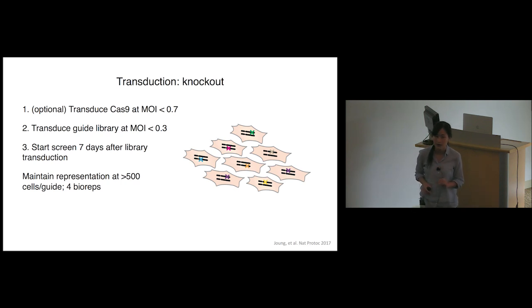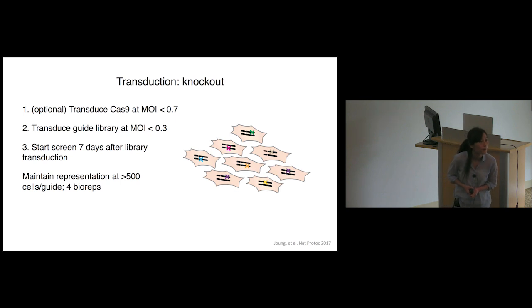For the screen, typically for knockout, we recommend starting the screen 7 days after transducing the guide RNA library. This is because the indels saturate at about 1 week. So you want to wait for the indels to saturate first before starting the screening selection process. And again, during the screen, maintain representation at greater than 500 cells per guide RNA.